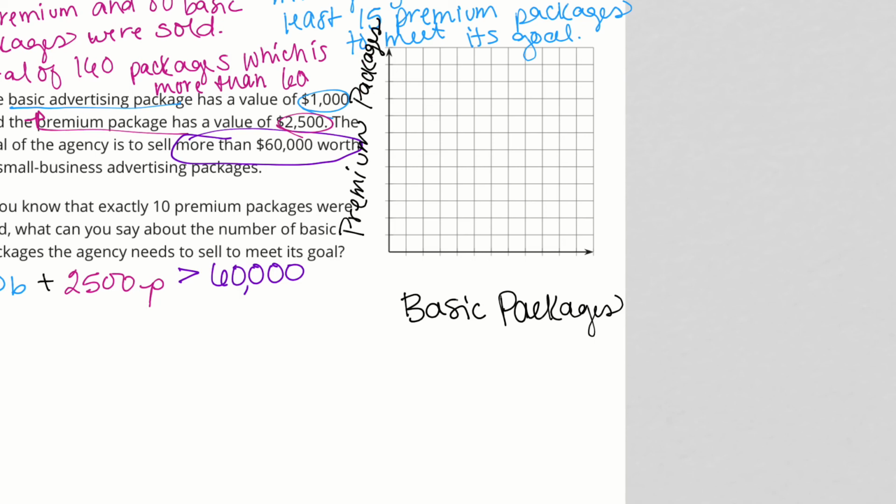I believe we're actually going to go up by the exact same thing that we just went up by. So 0, 20, 40, 60, 80, and 100, on both axes.